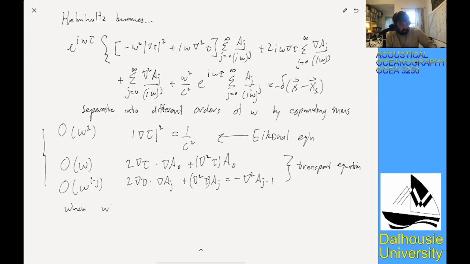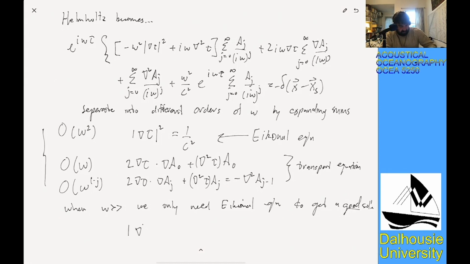When omega is large, we only need the eikonal equation to get a good solution, right? A little bit vague what I mean by good solution, but essentially in the high frequency approximation, the order omega squared terms are going to be much more important than every other term in the infinite list of equations.